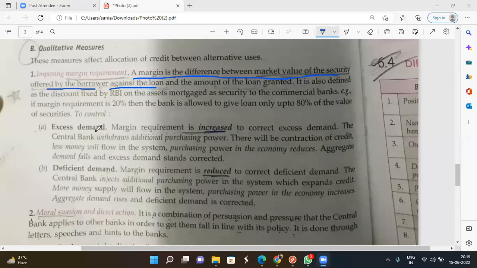Okay, so now there is excess demand. Lots of people were demanding: I want a loan, I want a loan. So the question is what you will do. I told you marginal requirement is basically the difference.